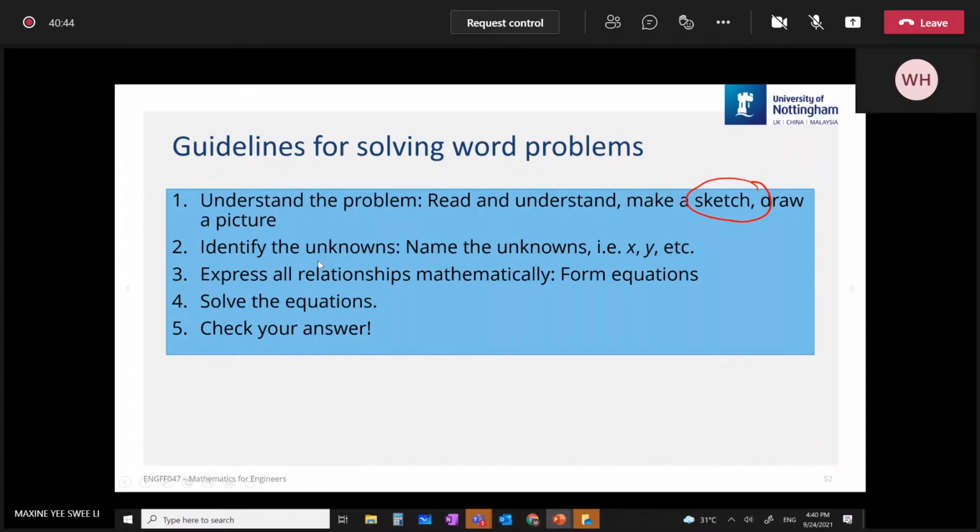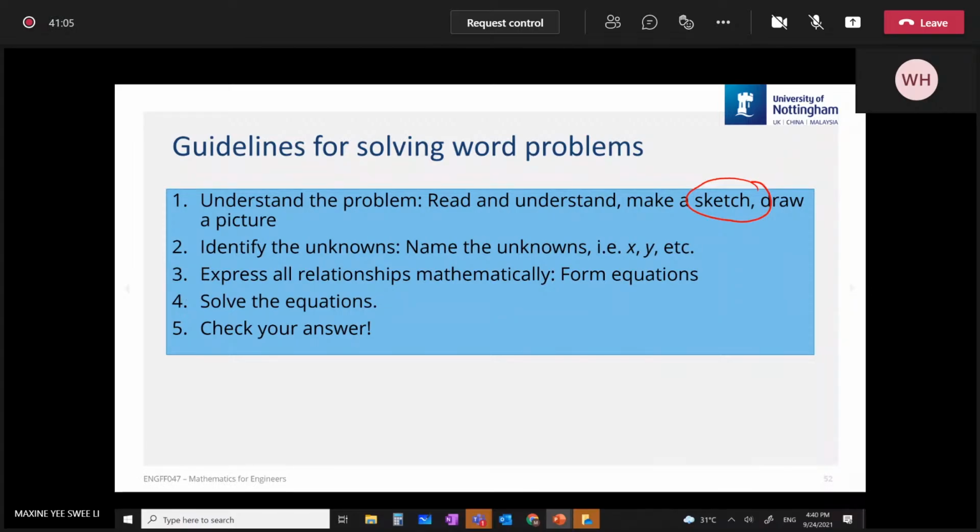Once you have identified and named these unknowns, then you form some equations to link these variables together mathematically, so you express all the relationships mathematically. Finally, you solve the equation.